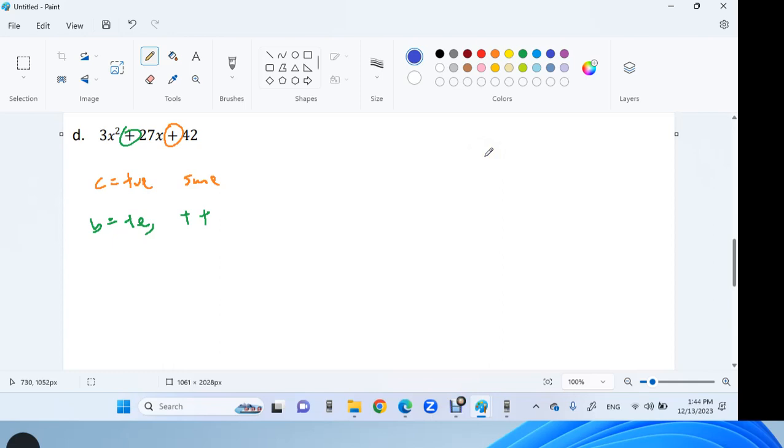Why we don't do that? I will show you. For some smart students, they will say it is not difficult. We have x and 3x, and then we have 2 and 21 here.